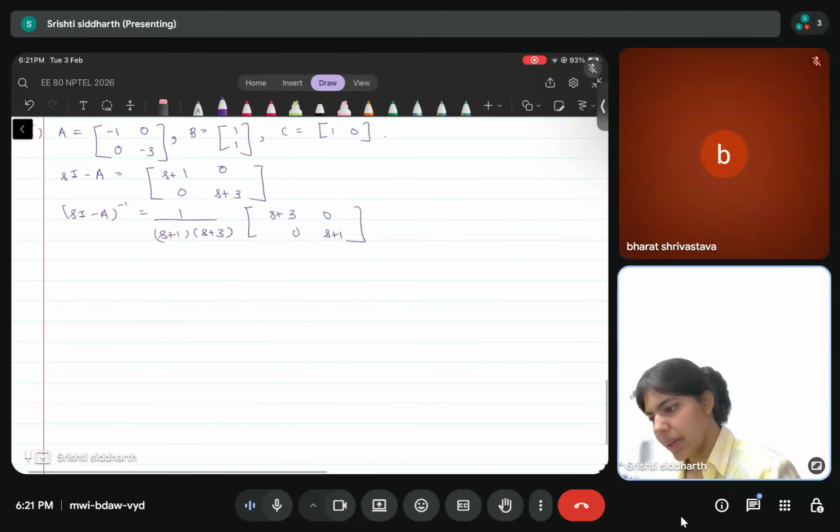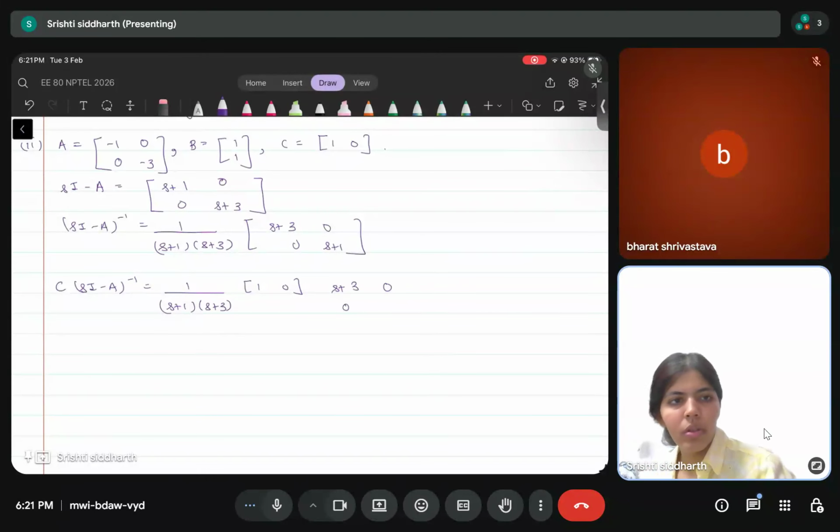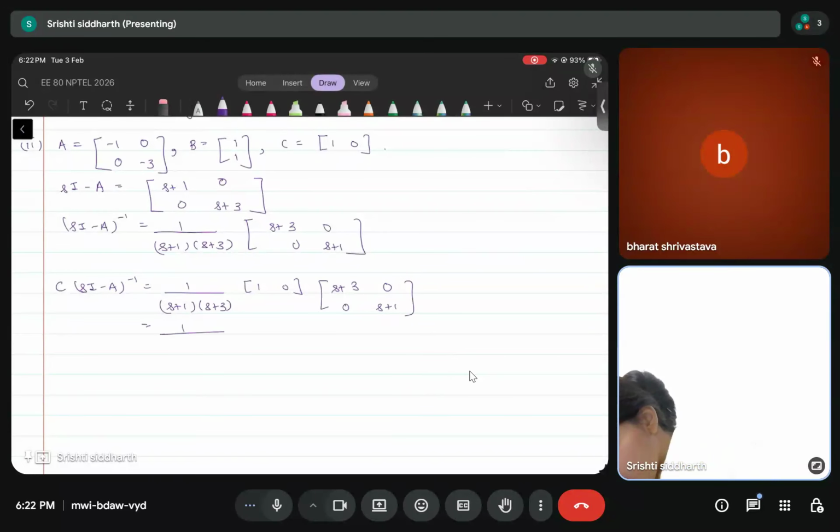And let's pre-multiply it by C. So C times this is 1, 0, s plus 3, 0, 0 and s plus 1, and we have s plus 3 and 0.